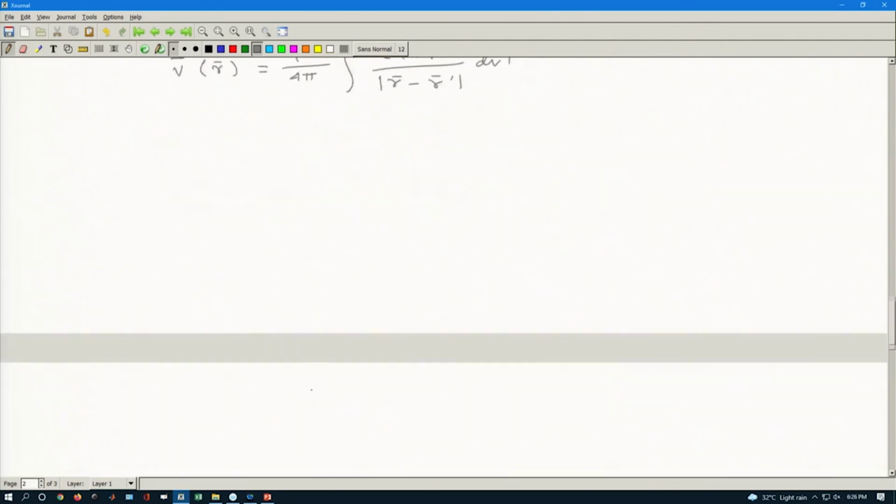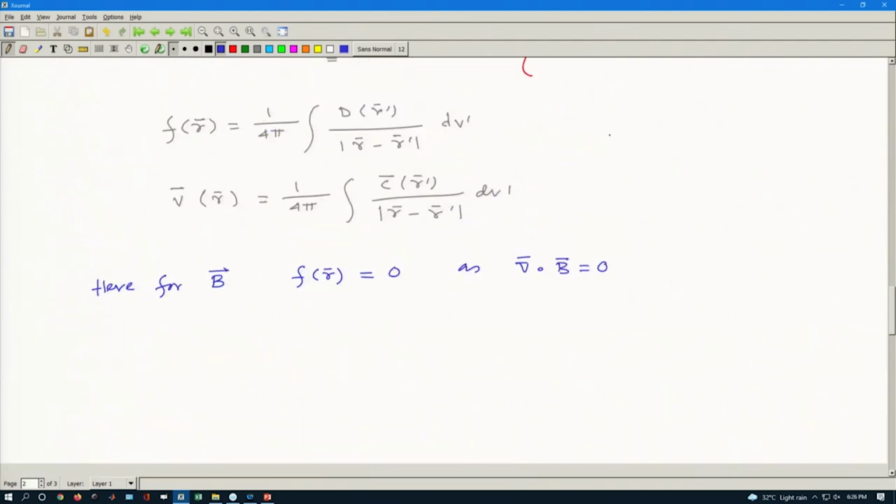So, now here, if I look at the value of the thing for magnetic field B, what we see is that my f of r seems to be 0. Why? Because the divergence of B is 0, and it is related to the divergence of that field. So, D here is 0, so f of r has to be 0, because this quantity for the magnetic field is 0.